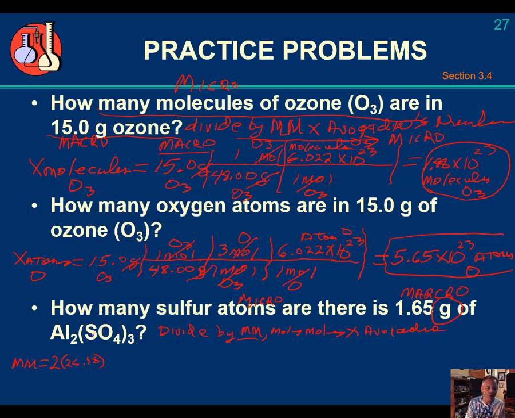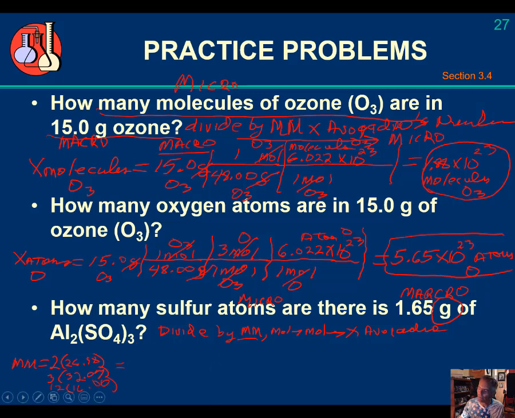There are 3 moles of sulfur, so this is going to be 3 times 32.07 grams, because every 1 mole of sulfur weighs 32.07 grams. And then there's 3 times 4, which is 12. That's going to be 12 times 16 grams per mole.